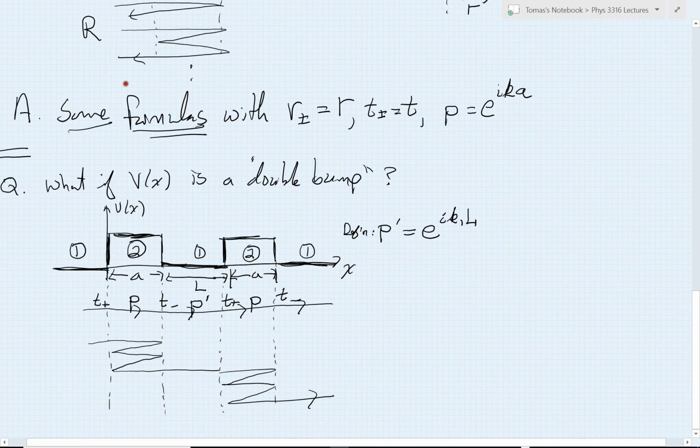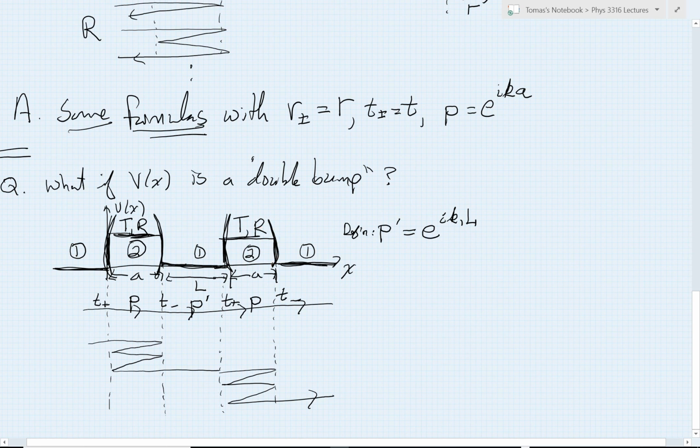So I can just treat this portion here as a single unit whose net transmission and reflection coefficients are a T and an R. And likewise for this number 2, I can treat it that way as a T and an R.